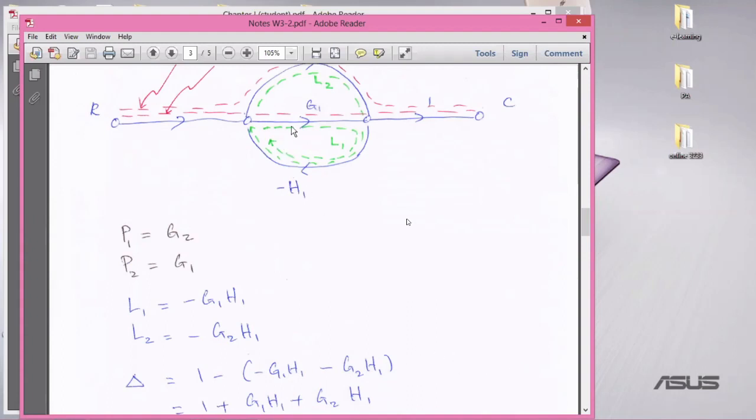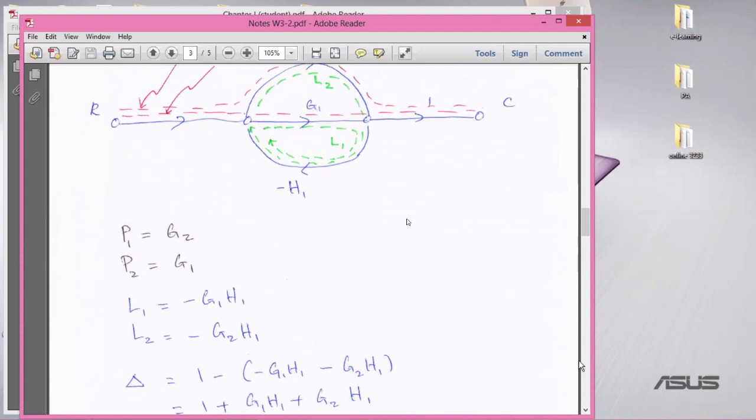In this case, loop 1 and loop 2 share a common node. Loop 1 goes through this node, loop 2 also goes through that node, so they are touching each other. So we don't have a non-touching loop, and we don't have the product of two non-touching loops.